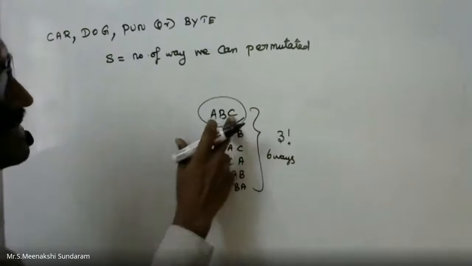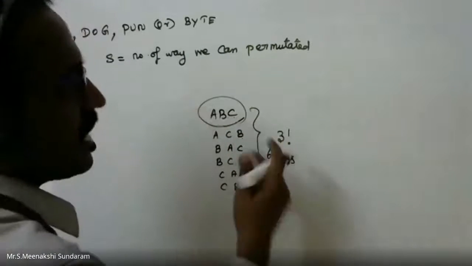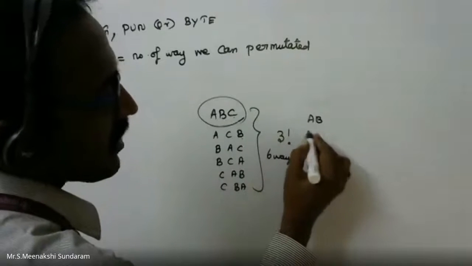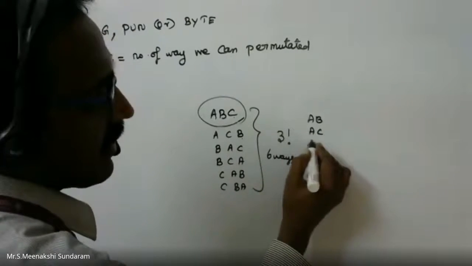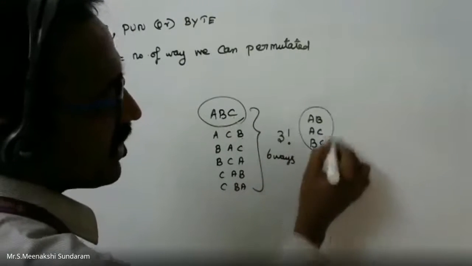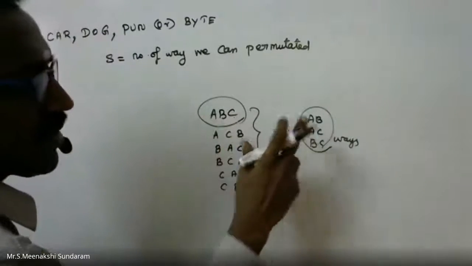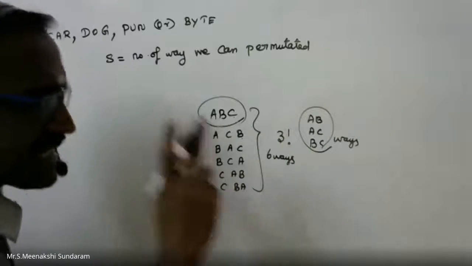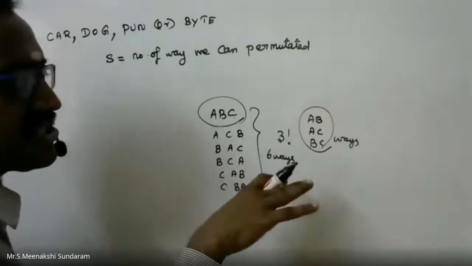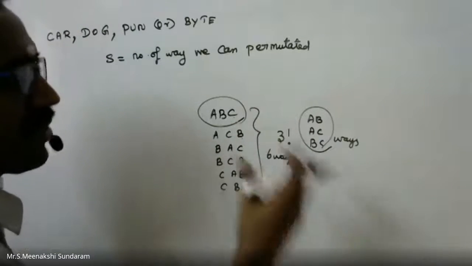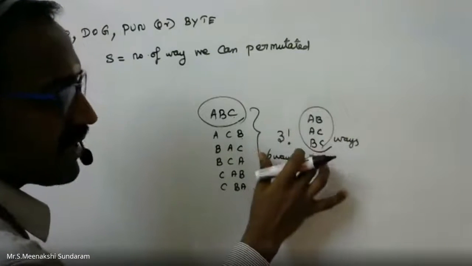Selection: from A, B, C, we can select 2 members. How many are possible? Either AB or AC or BC. These are the 3 ways possible to select any 2 members. Don't bother about AB or BA. We can select AB, either first choosing A or first choosing B. We don't bother, those cases will be divided out.